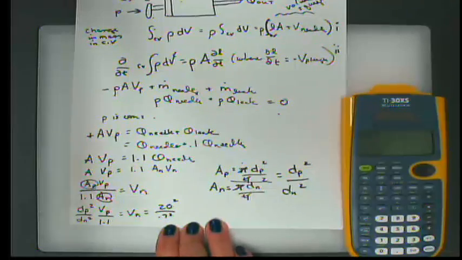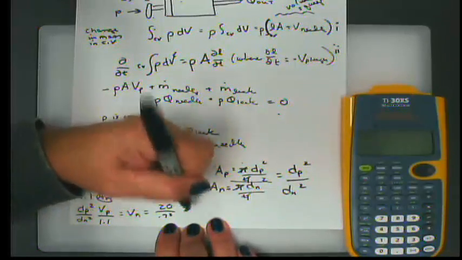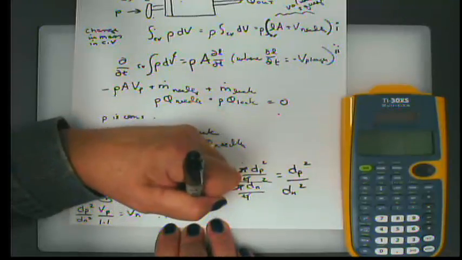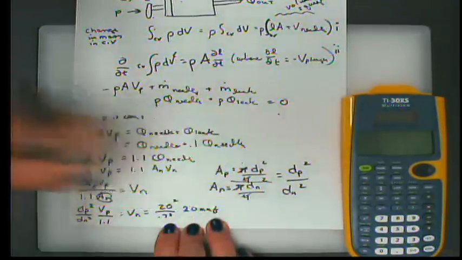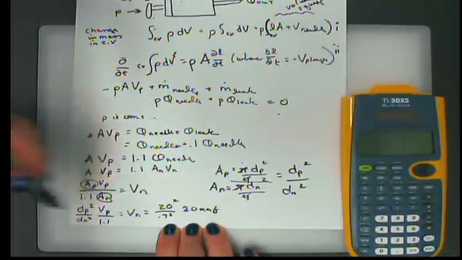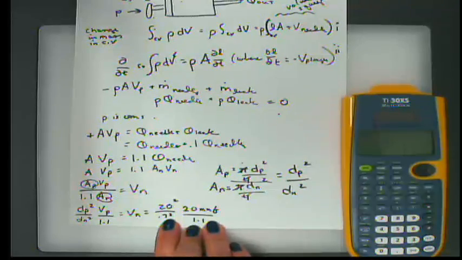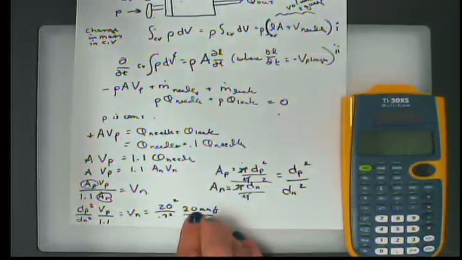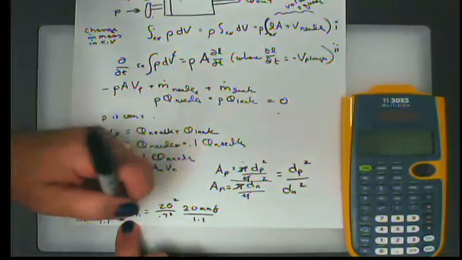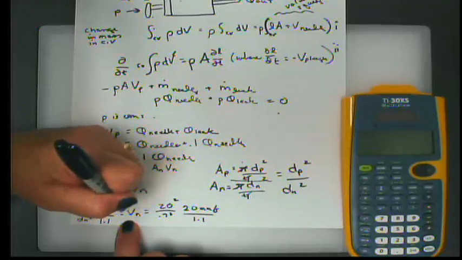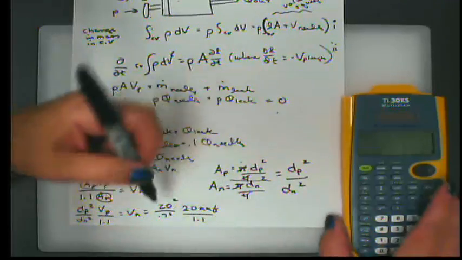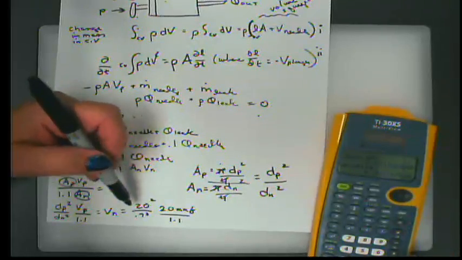Then we have the velocity of the plunger, which we're told is 20 millimeters per second, and then over 1.1. These units will cancel out, and we'll be left with this value of v sub n in millimeters per second.